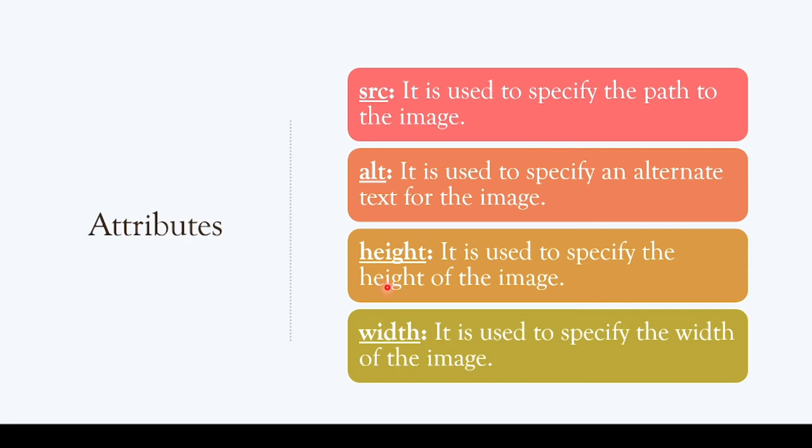And height and width are specified accordingly, for example, this is height and this is width. Okay, nothing else. And now we go to VS Code and perform all of this.